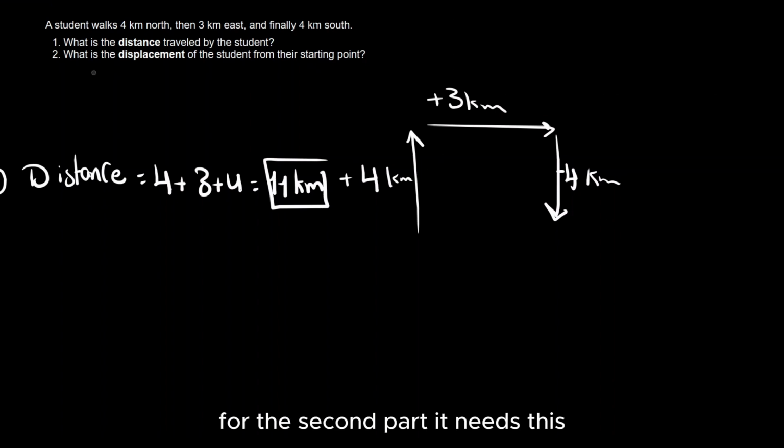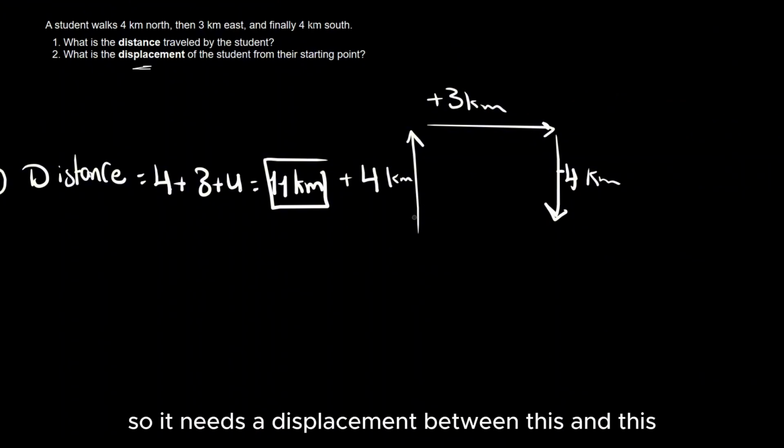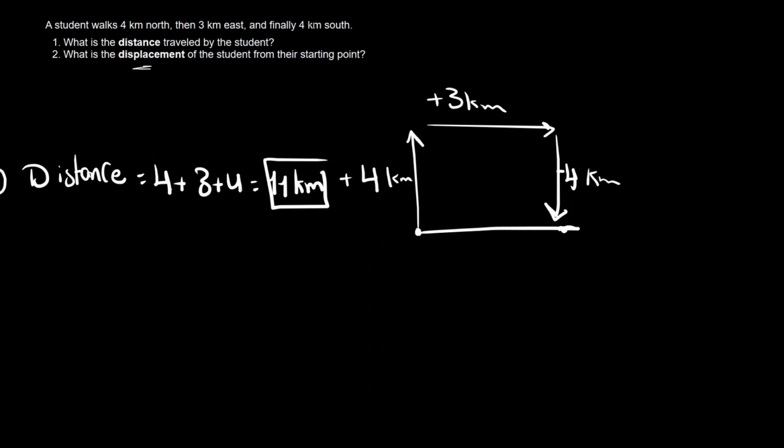For the second part, it needs the displacement of the student from their starting point. So it needs the displacement between this and this. Yeah, this part.